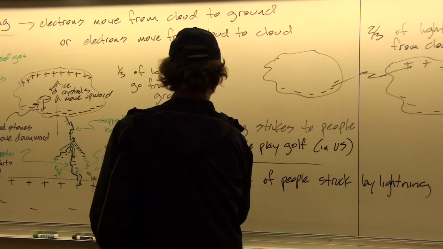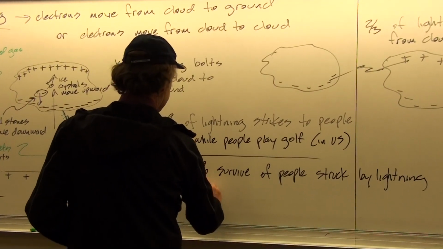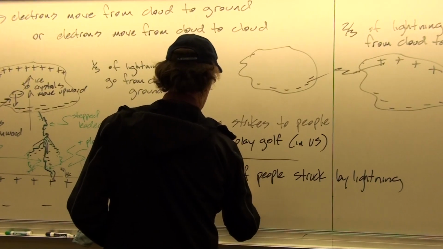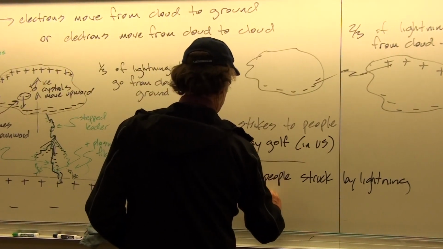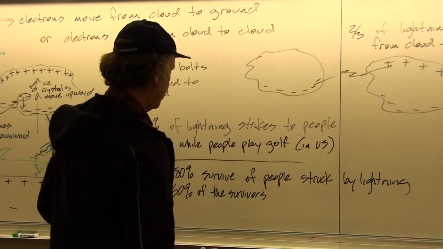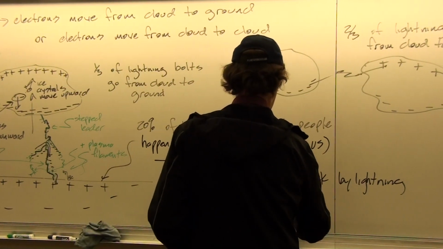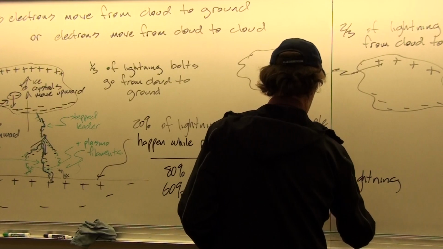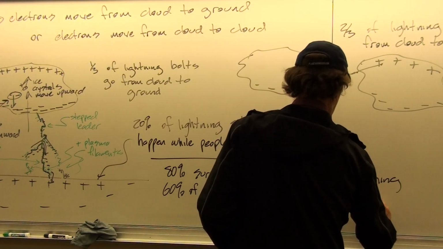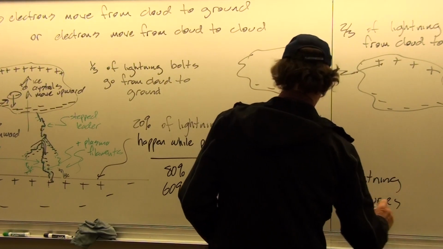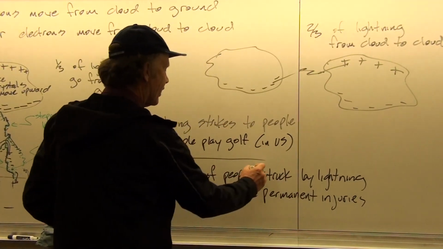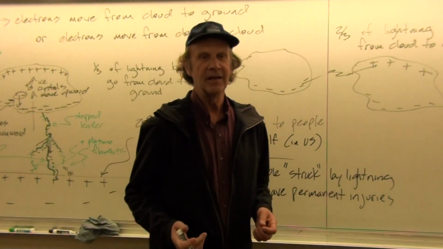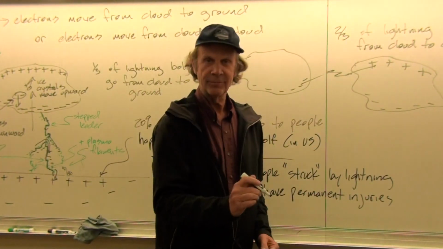But of those 80%, 60% of the survivors have permanent injuries. Now, when we say that people are struck by lightning, this does not necessarily mean that the lightning bolt hits them directly.